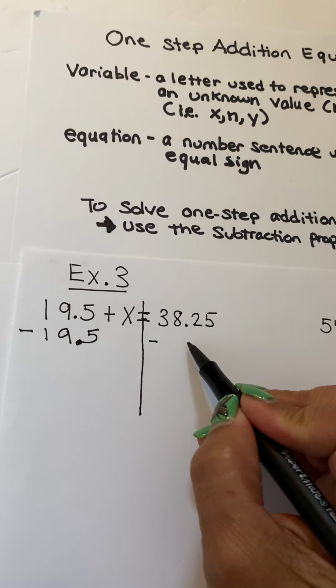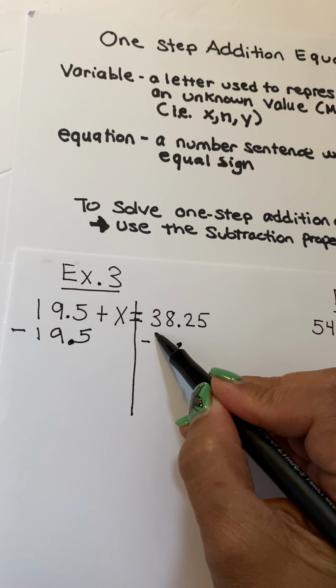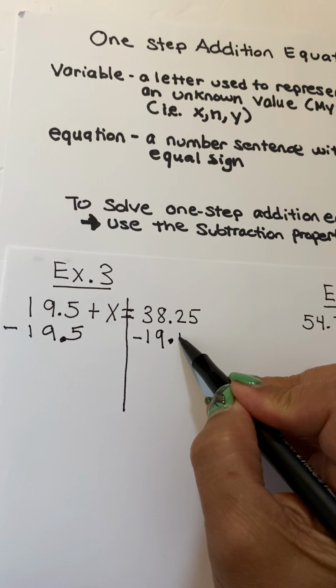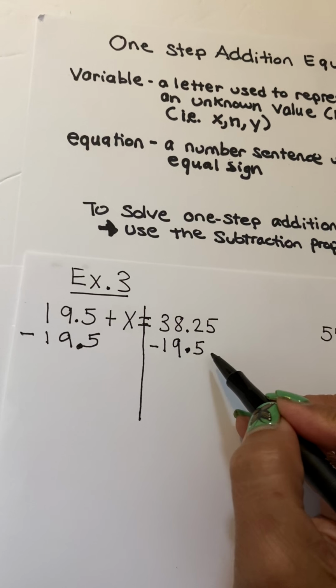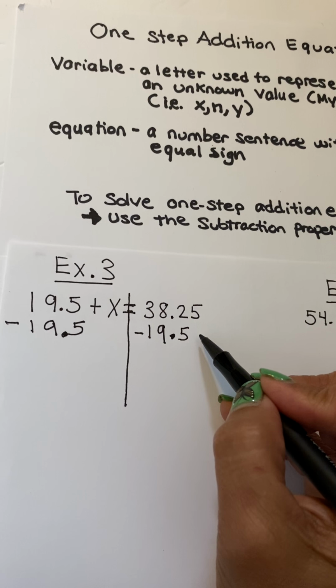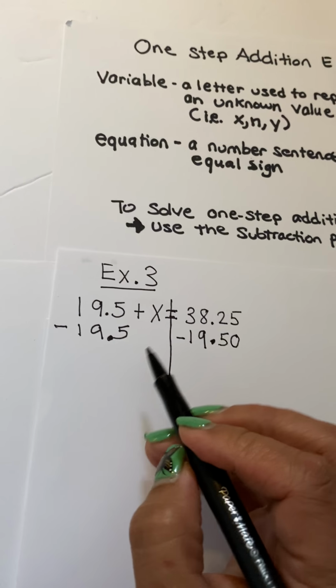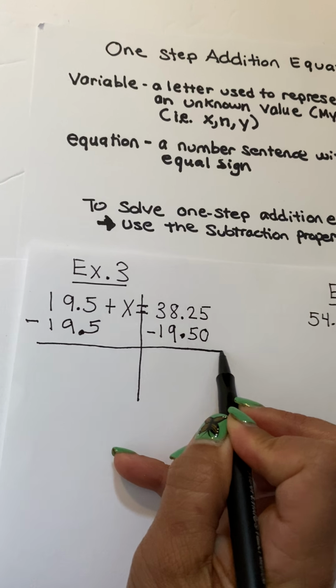And notice that I put the decimal first, and then I'm placing the 19 before the decimal, and then the 5 after the decimal. And I put a subtraction sign to remember that's what I need to do on the right side of the equal sign. And I'm going to write in a 0 after that 5. We've done that before.